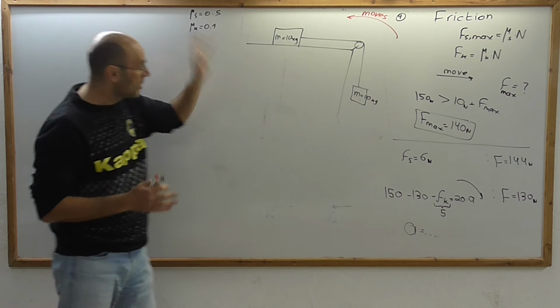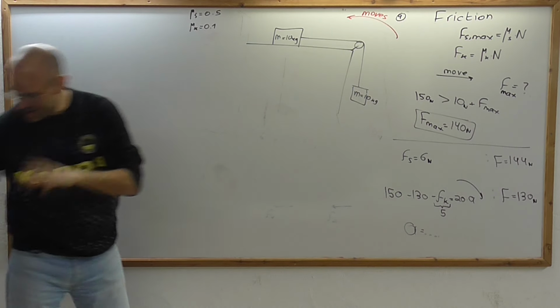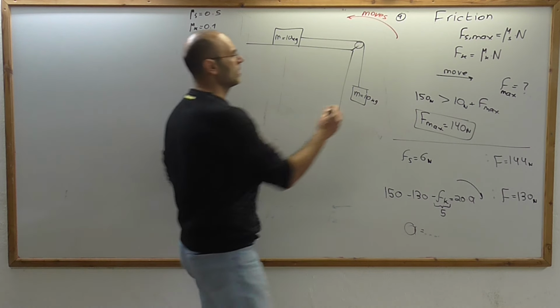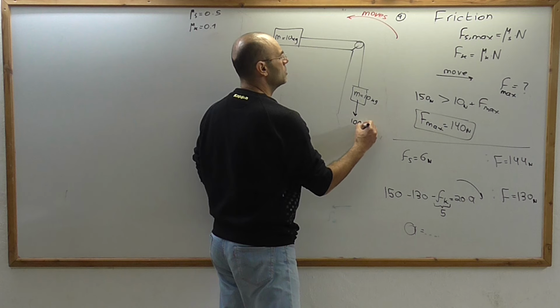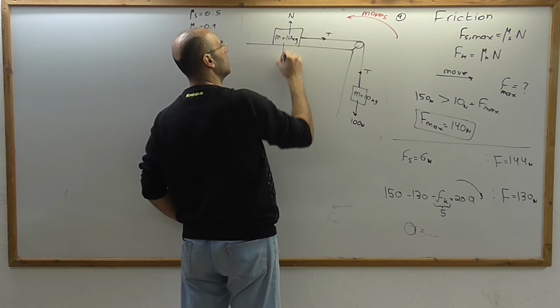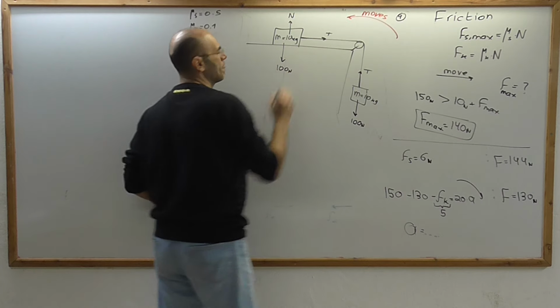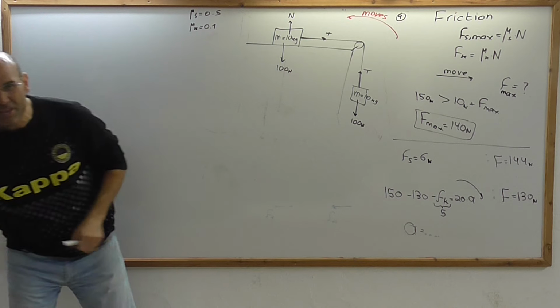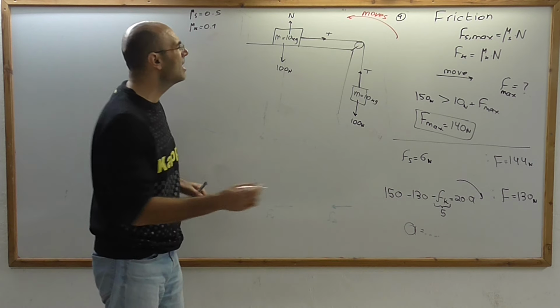I want to know even more things. Let's do it gradually. First of all, let's apply forces. So, 100 newtons, T, and 100 newtons. Now, I know that it moves this way. If it moves that way, I don't have to calculate anything.